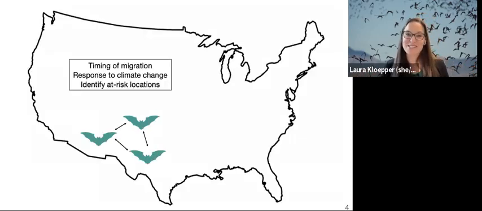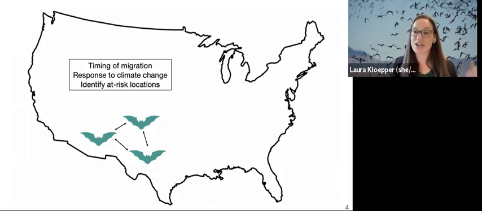And then let's take that one step further. By imagining a system in which we monitor networks of caves that are close to each other, or more than one cave, we can get species-wide information such as the timing of migration for migratory bats or the timing of hibernation, how bats are responding to climate change, as well as identifying at-risk locations for conservation.